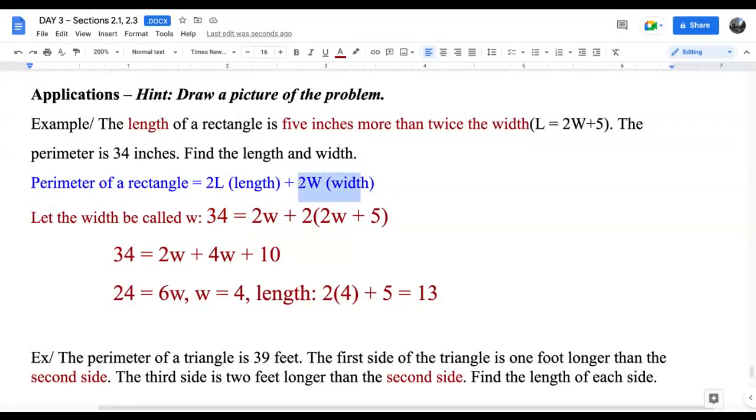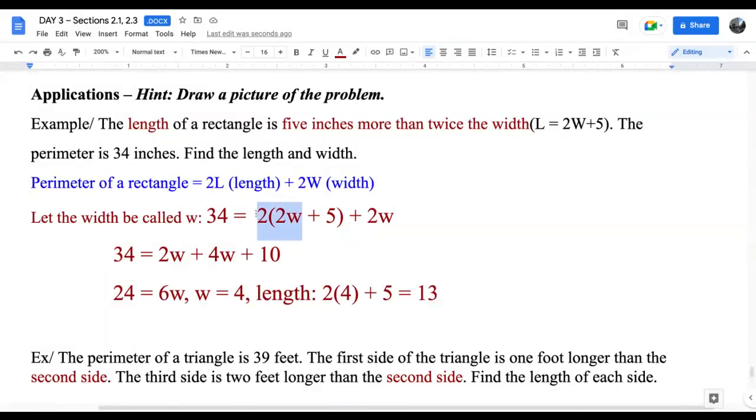Then 2L plus 2W. So this is the L, because L equals 2W plus 5. So this is 2L plus 2W.